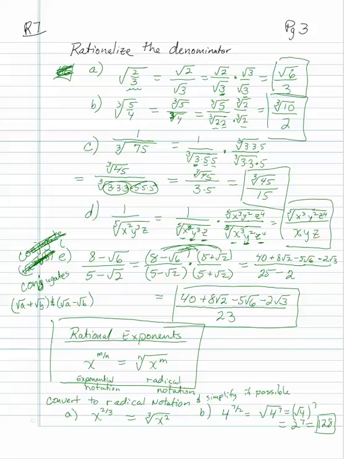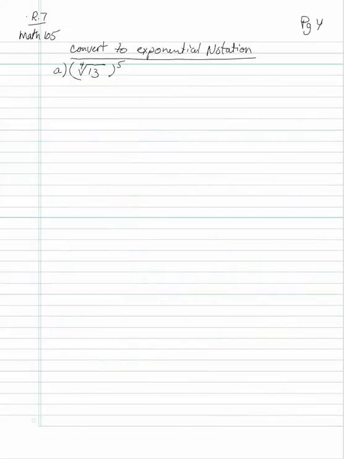Alright. Now let's go the other direction, convert to exponential notation. So again, remember the index of the root is going to be your denominator for your rational exponent, and then the power is the numerator. So the power is 5.